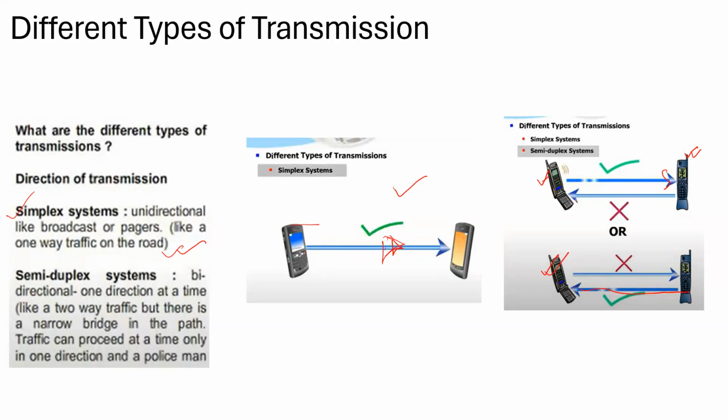Transmitting and receiving for a single user will not be available at the same time. So it is bidirectional, one direction at a time, like two-way traffic, but there is a narrow bridge in the path. So traffic can proceed at a time only in one direction. One example has been given here.